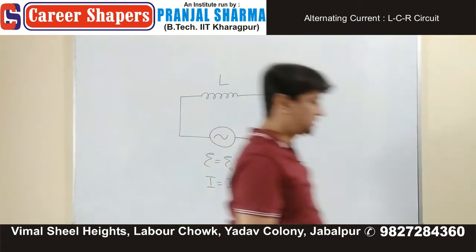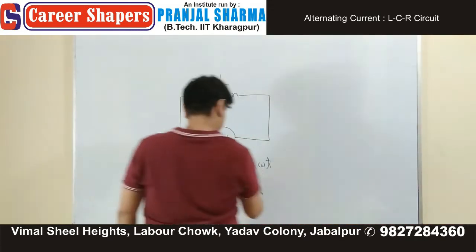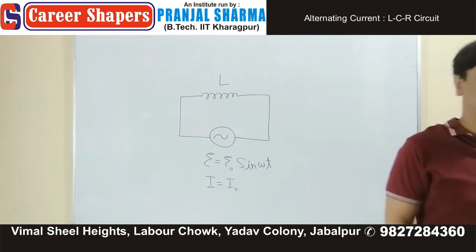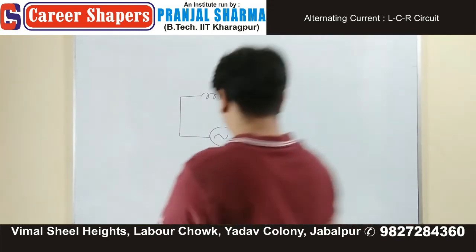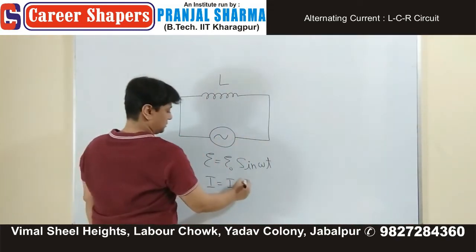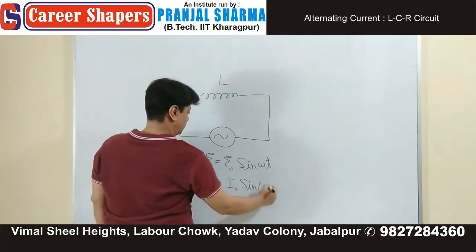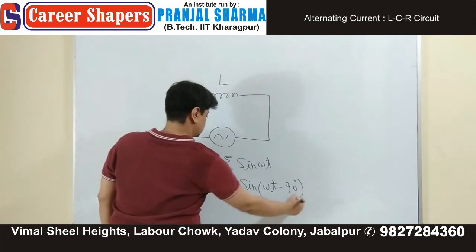let me write down the sine version, the correct phase difference part first. Sine of omega t minus 90.